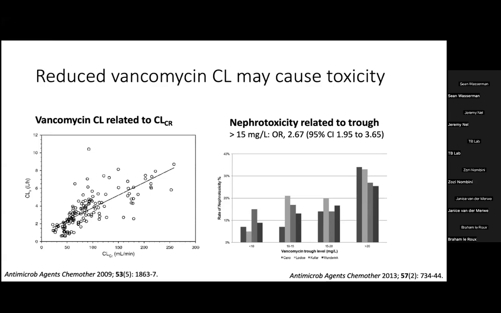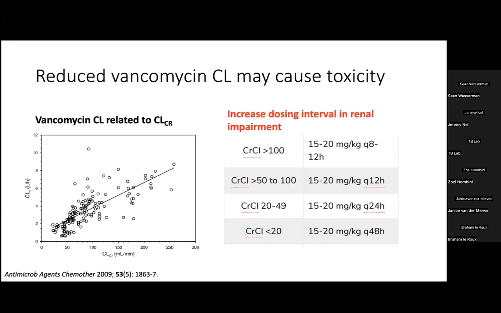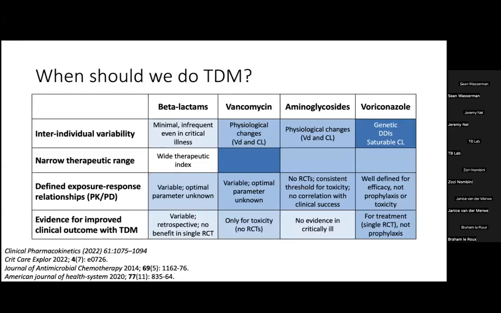The causal relationship hasn't been definitively shown, but I think it's very clear from observational studies and very consistent. And so as a result of this, guidelines recommend increased dosing intervals. Remember, it's a concentration-dependent agent. In renal impairment, we all have access to this and know this: reduced dosing, increased intervals, and that's the basis for it.